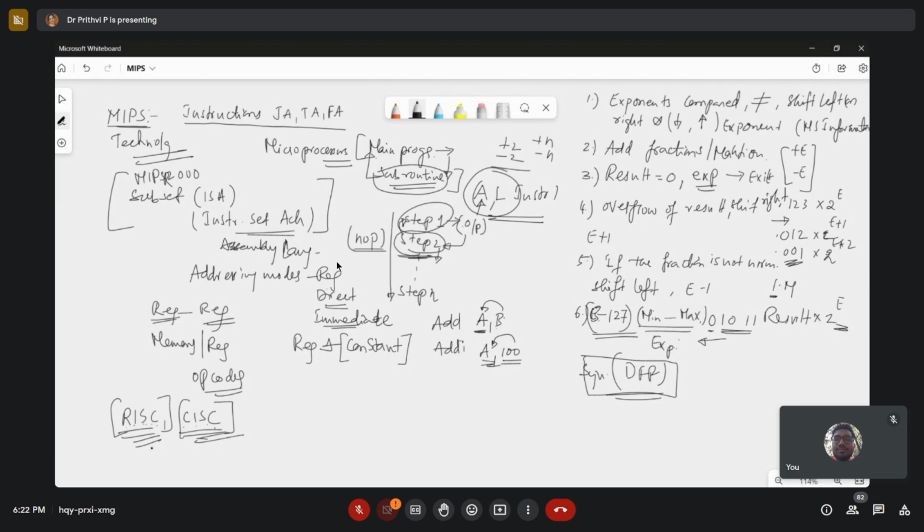Okay, this MIPS technology is what produced this RISC processor.